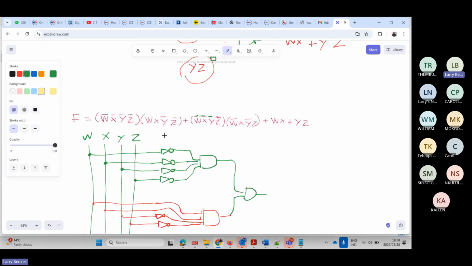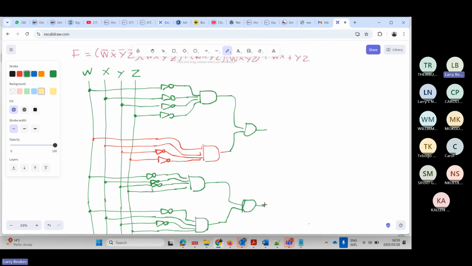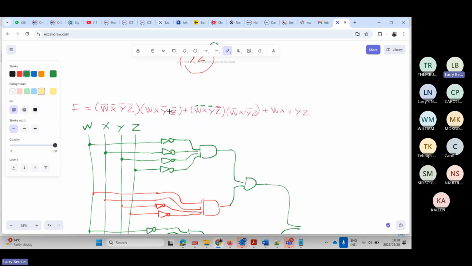Now this 2. Now we're going to use the OR gates. This 2, which is the output here, needs to be ORed with this 2, the output of this thing. So they need to go into an OR gate, right? Even this one needs to go into an OR gate. So that gate is going to plus, and then it's going to plus this.